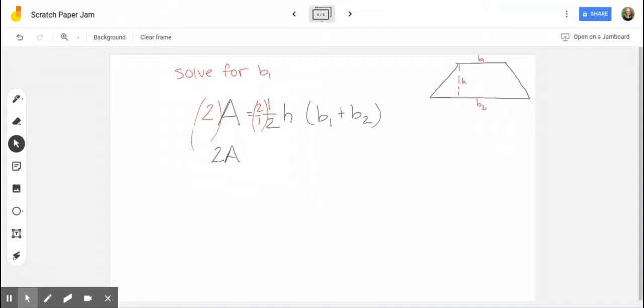Okay, so what about the right-hand side? Our 2's cancel, our 1's cancel, and we're left with h times base 1 plus base 2.